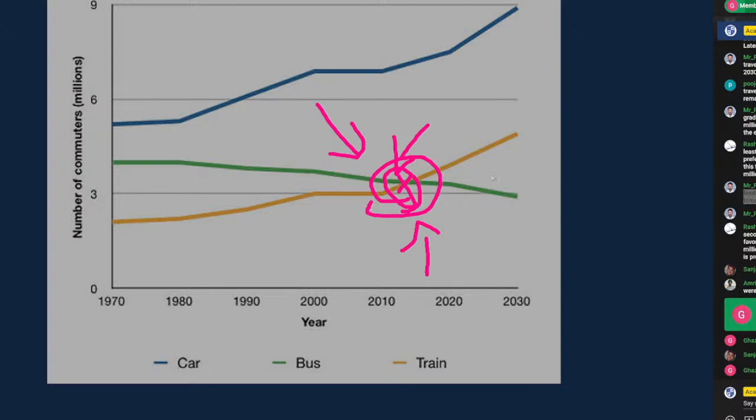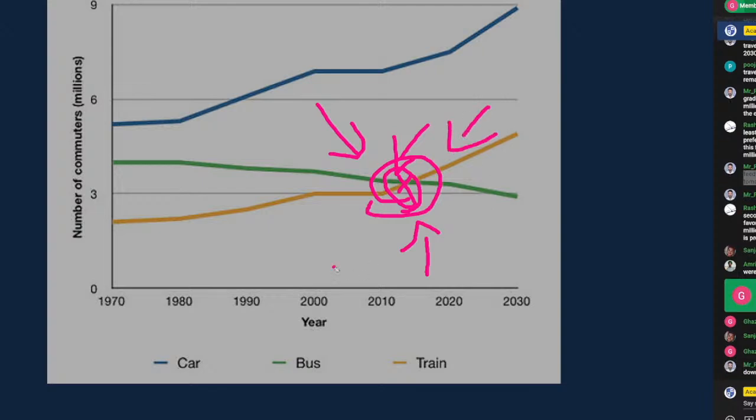So this type of intersecting data is very, very important. Okay. Even if you wrote it in the overview, Rahul Preet, like you say that at one point trains become more popular, you still want to give that detail in the analysis by saying that it's at 2015 and the number is at about 3.5 million, right?